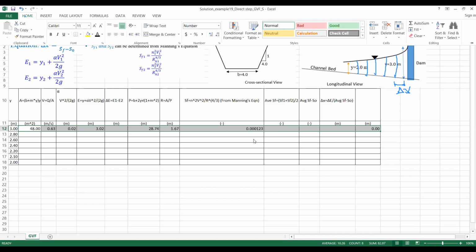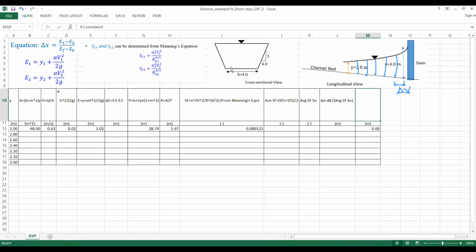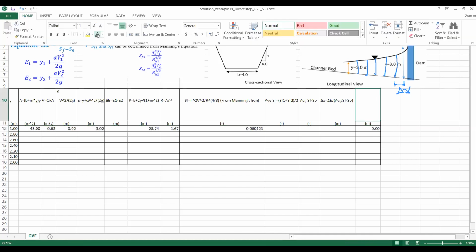We need to wait for the next section's SF, and then we can work on that. Now, this is the delta X, that means in between each section. But we want to get the cumulative delta X. So for this column, we will add all the delta X. Okay, so that is for 3 meter.